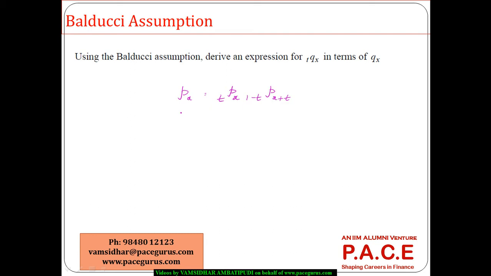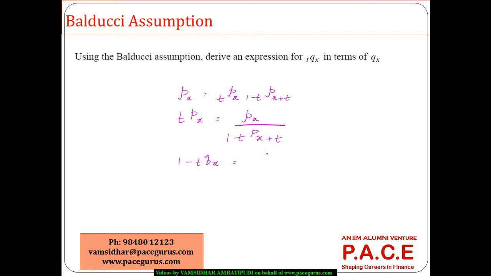This I can very well write. So which means for me tpx will become px divided by 1 minus t px plus t. Okay, let me convert everything into q's. Right, I'll write it as 1 minus tqx.